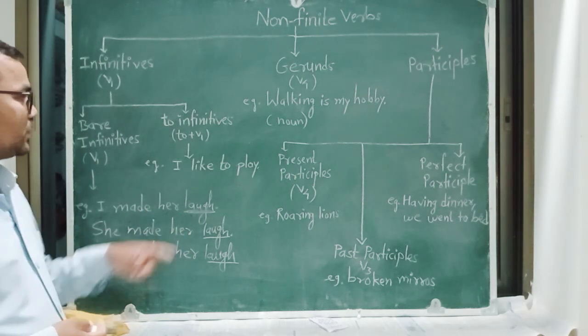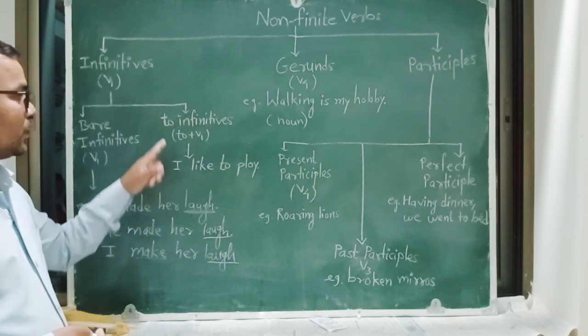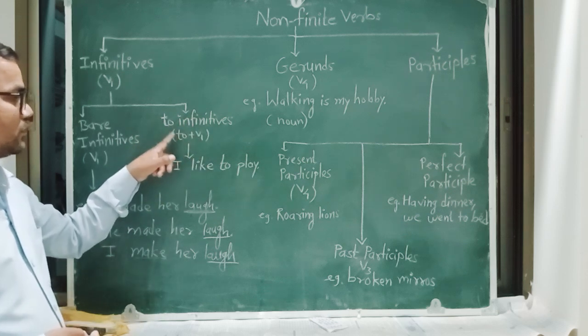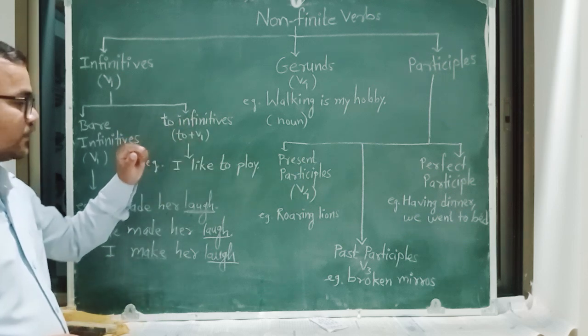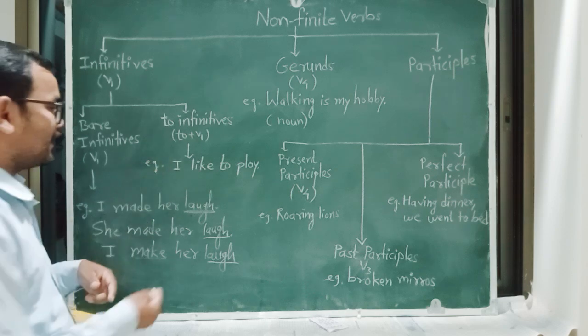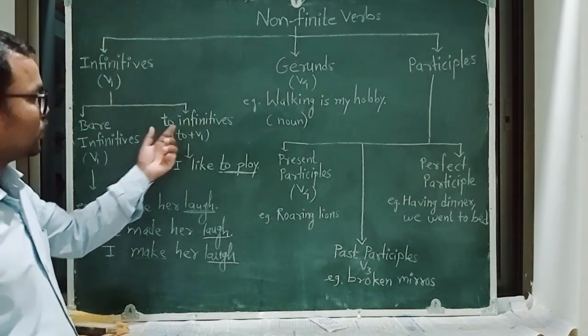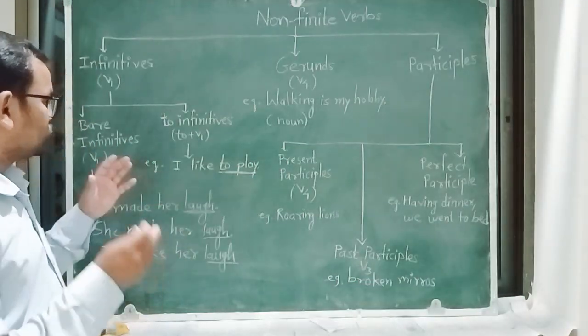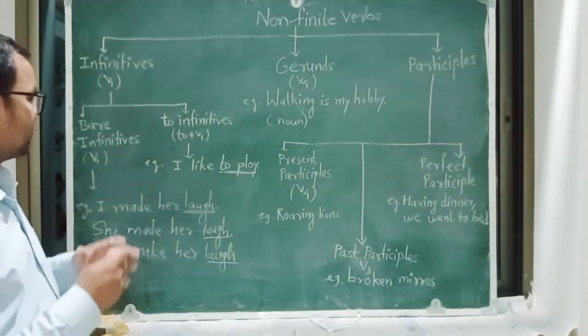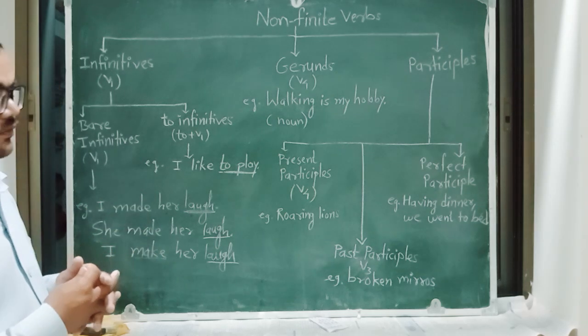Another type of infinitive is the to infinitive. The form of the to infinitive is to plus V, right? So if you look at this example, I like to play, right? So to play over here is a to infinitive, right? So this is the difference between bare infinitives and to infinitives.